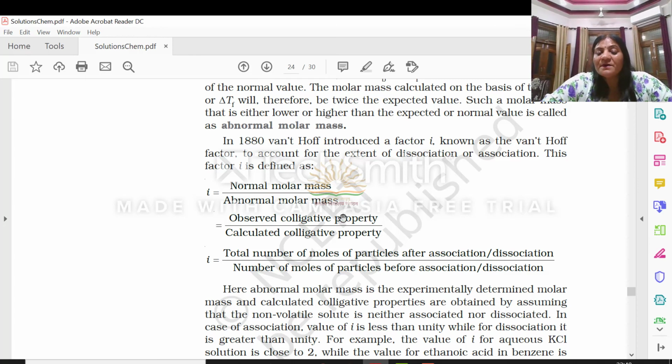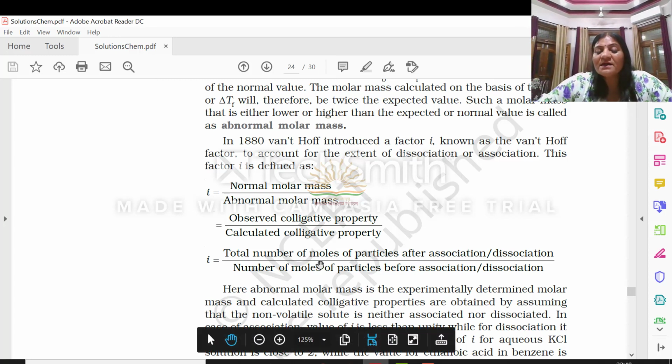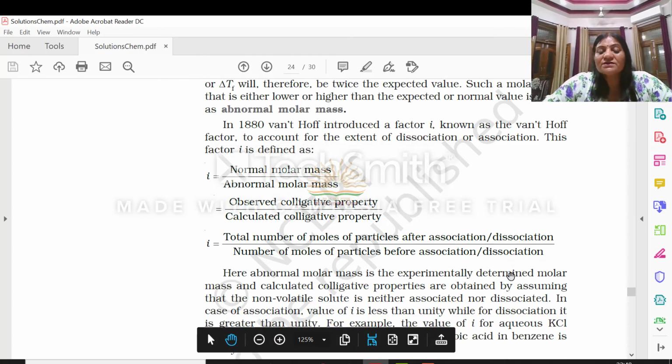Observed colligative property upon calculated colligative property, or in a more clear form, i is equal to the total number of moles of particles after dissociation or association divided by the number of moles of particles before association or dissociation.